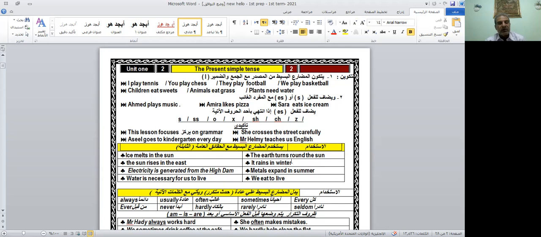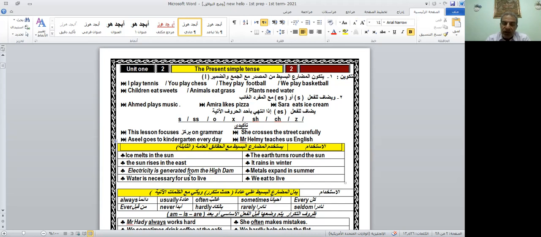Be careful. The usage of the present simple: يستخدم المضارع البسيط مع الحقائق العامة الثابتة, which is facts. Ice melts in the sun. The sun rises in the east.